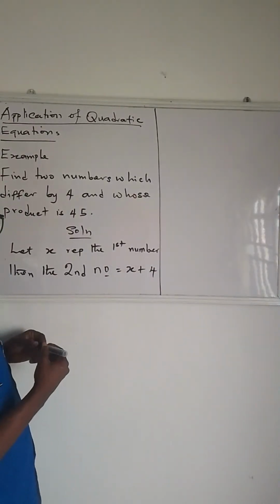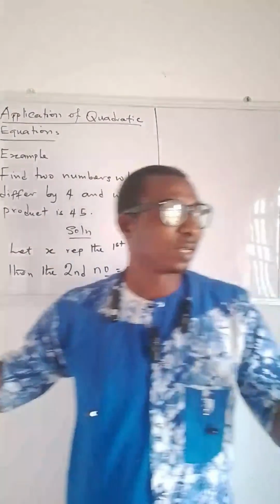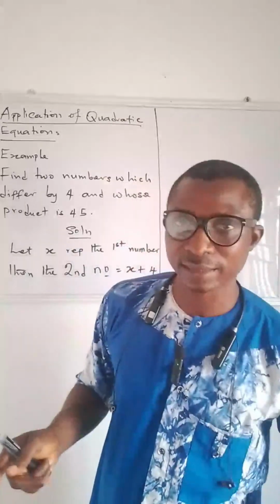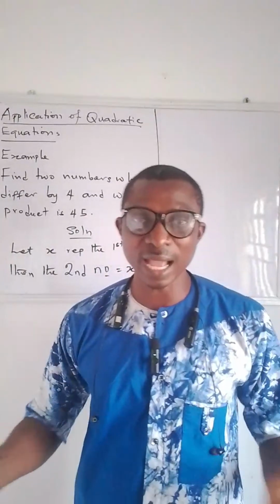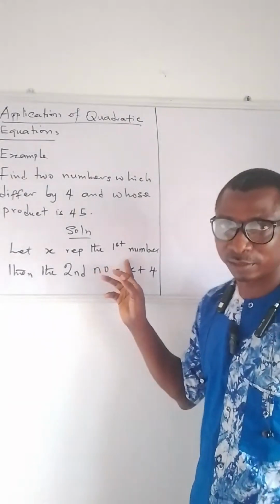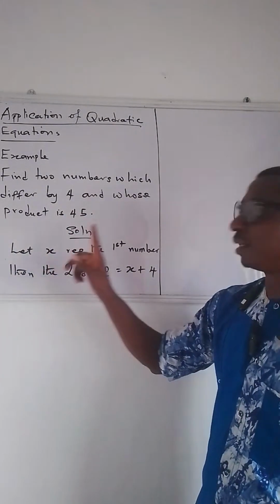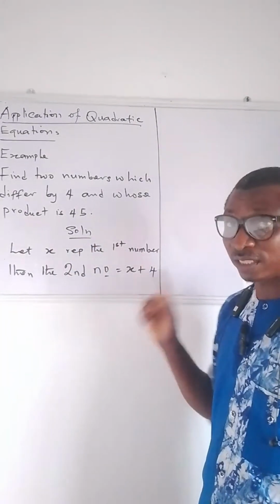Do you get that? So I've given you a particular case. If two numbers differ by 4 and the first number is 10, the second number is going to be 14, because the difference between 10 and 14 is 4. The same thing applies here. If the first number is x, the second number is going to be x plus 4, not x times 4.